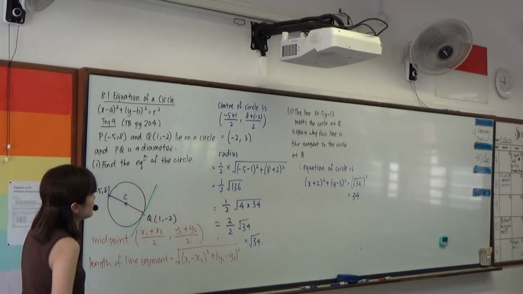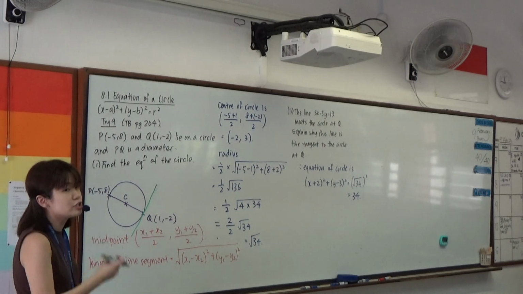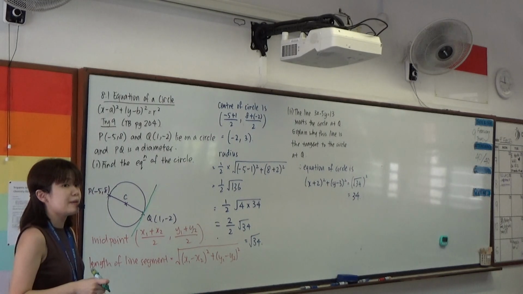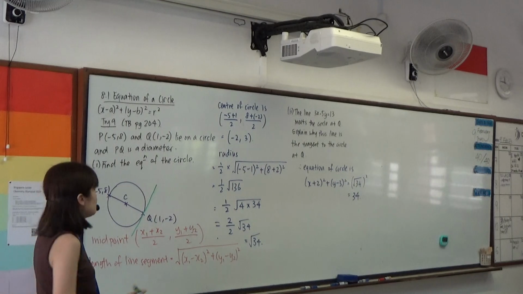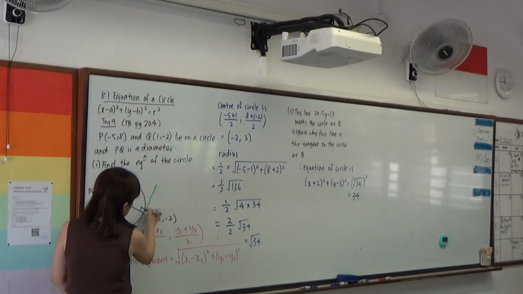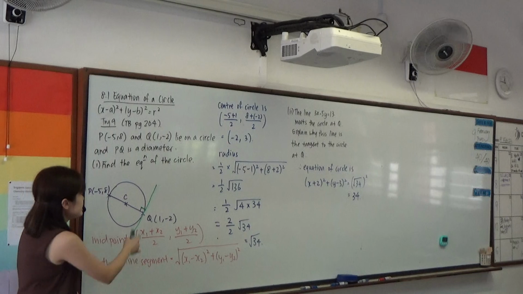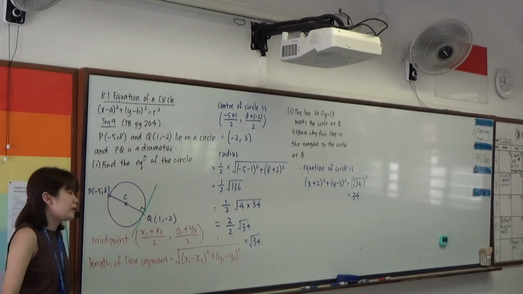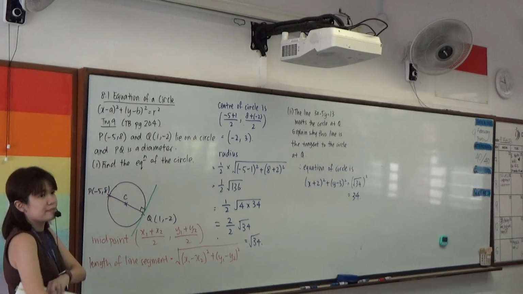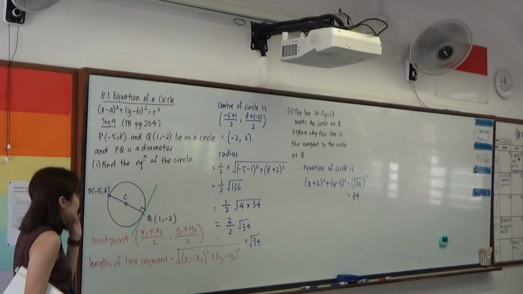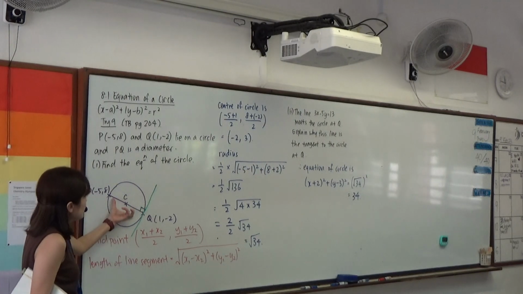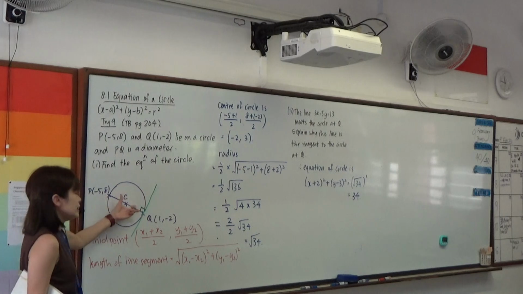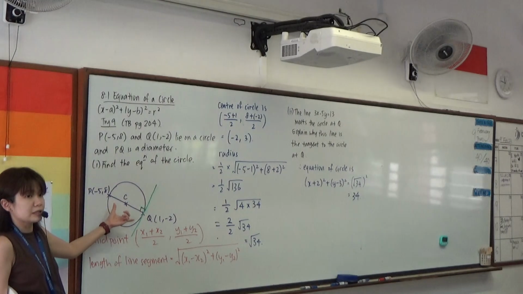If there's a line that passes through and if that is a tangent, the property that it must satisfy is that it must be perpendicular to the radius. In this case, at Q itself, the radius is also the diameter, in fact a part of the diameter. So therefore, the tangent is also perpendicular to the diameter.